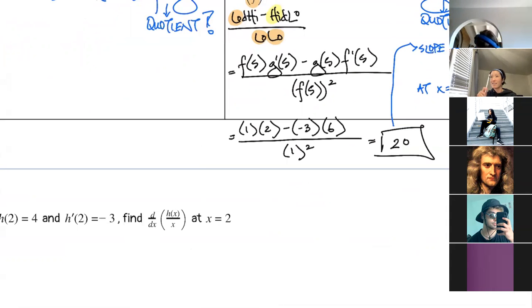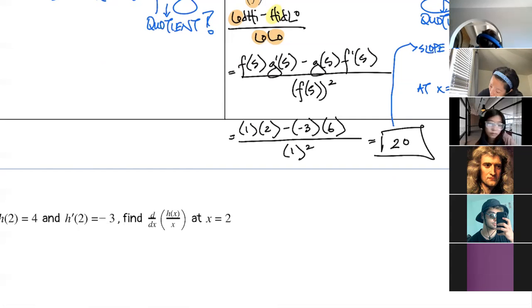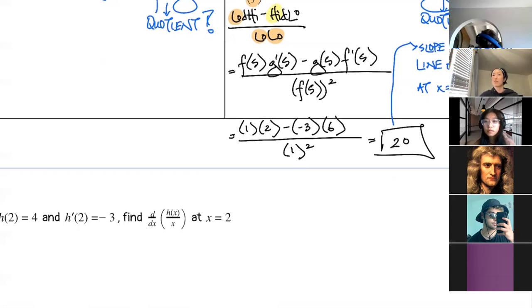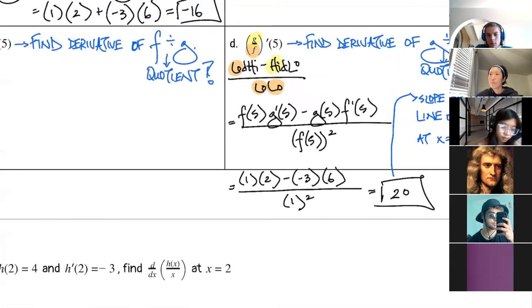It's not the secant line because that goes through 2 points of the curve. Tangent. Yes, it is the slope of the tangent line of what function? G over F. Okay, good. So it's the slope of the tangent line of G over F at x equals 5.